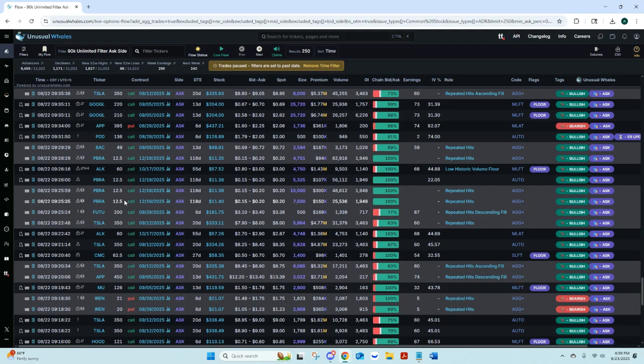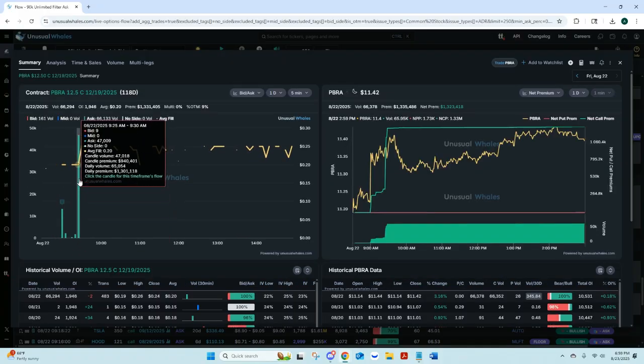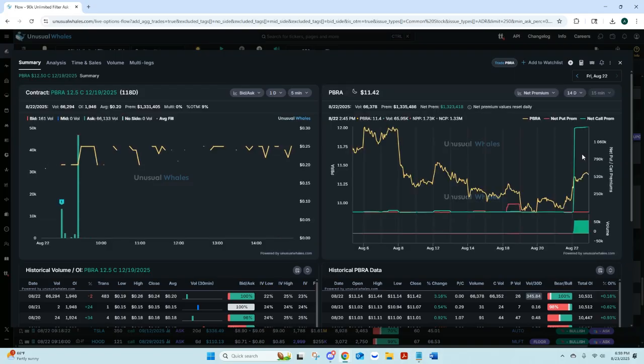So then like, okay, we have these PBRAs, 118 days out. Big size, big premium against very small open interest. Come in here. Okay, these look good long term. Obviously probably doesn't get a lot of action, and you can always kind of pop this out.